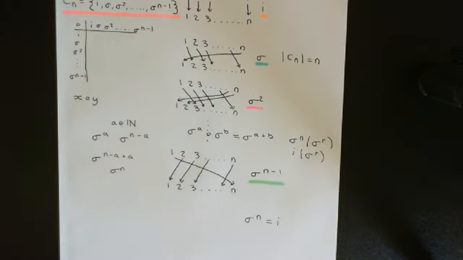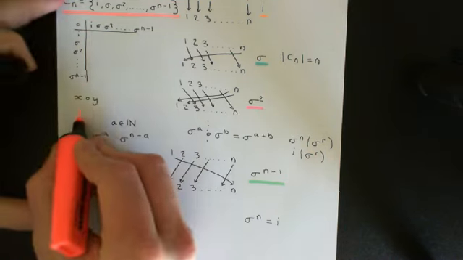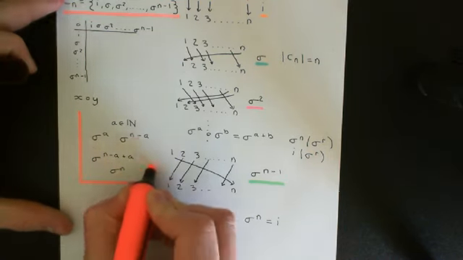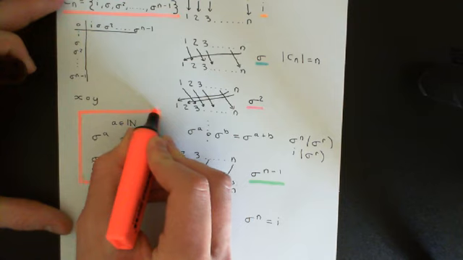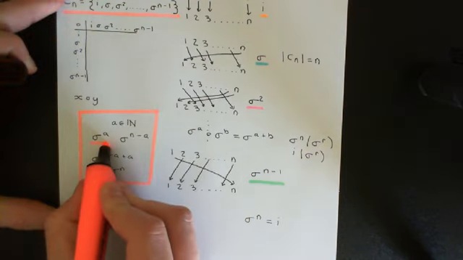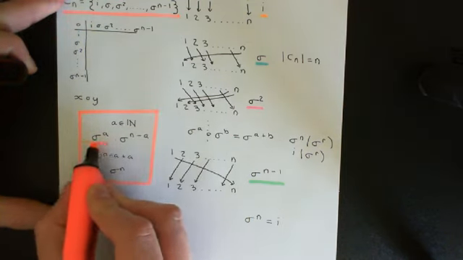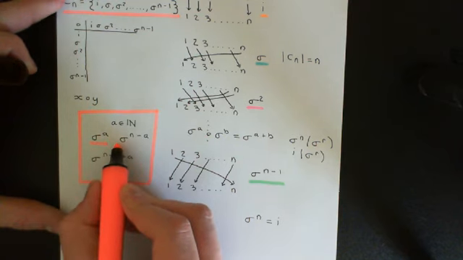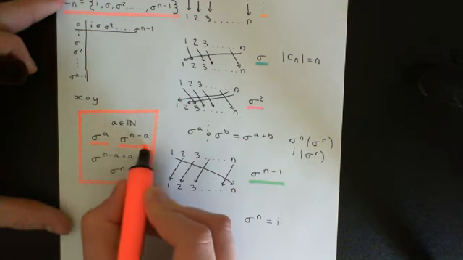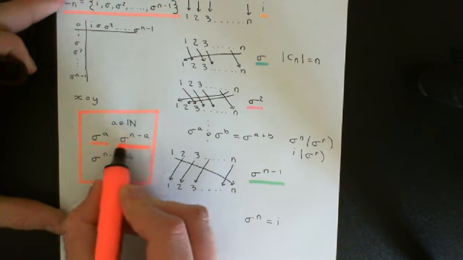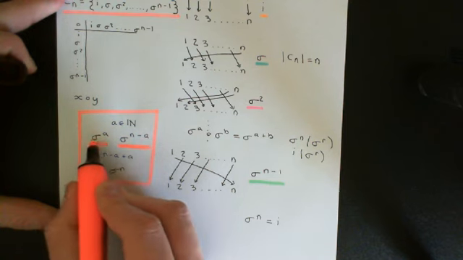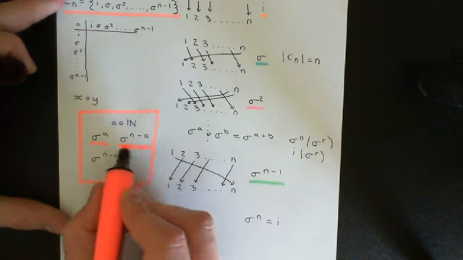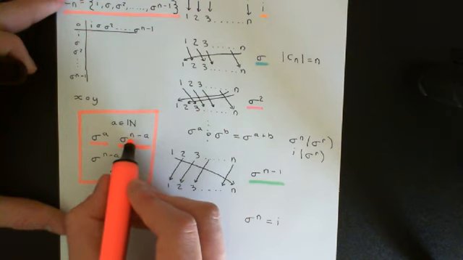Okay, so coming back to this argument over here, where we're talking about inverse elements, if I have some sigma to the power of a here, and I want to find its inverse element, then all I need to do is find you the bit, or the movement to the right that would compose with this to make it overall move everything to the right by little n.